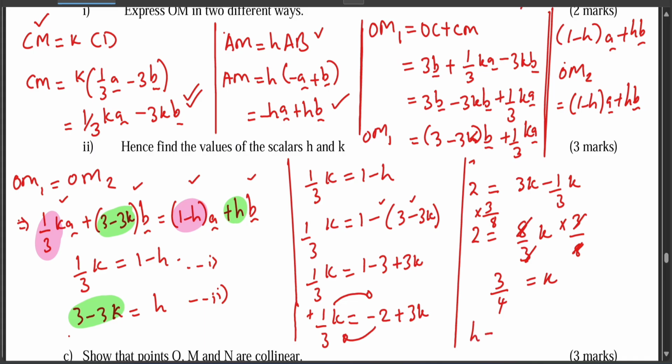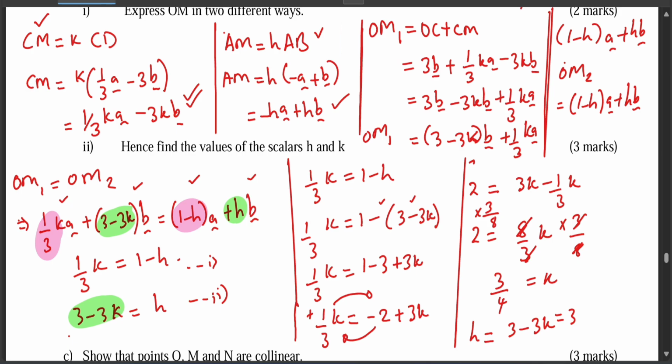H tulisema ni 3 minus 3K. Kumbuka H yetu hapa tulisema ni 3 minus 3K. So utachukua 3 minus 3 times K yetu, which is 3 over 4. So 3 times 3 over 4 ni 9 over 4. Sawa? So hii tayari tunajua ni 9 over 4.